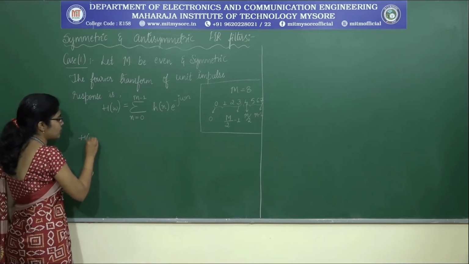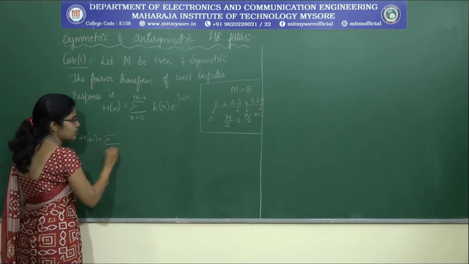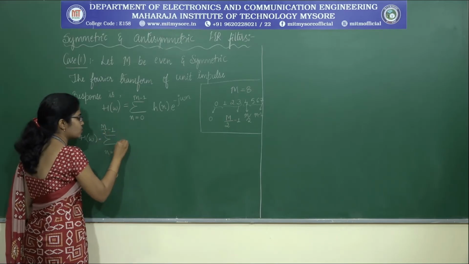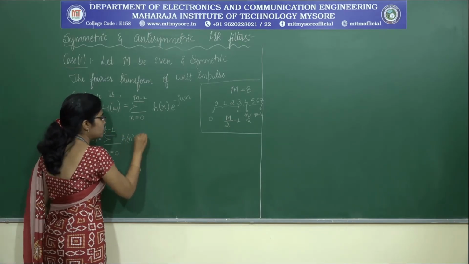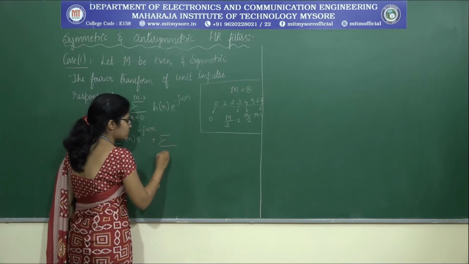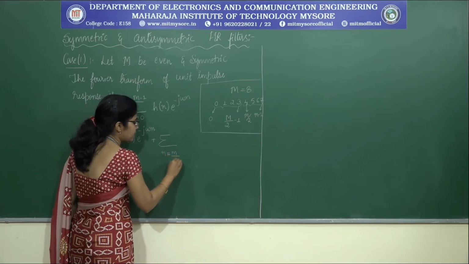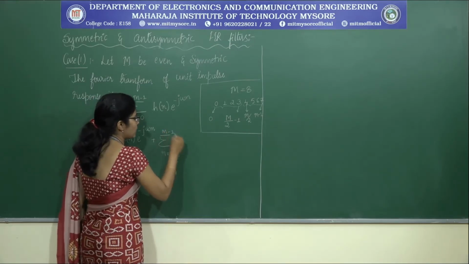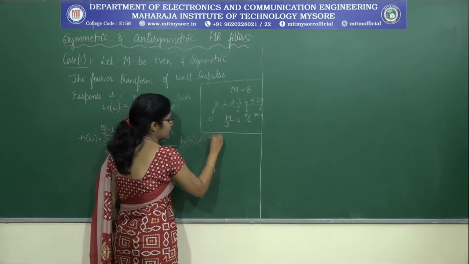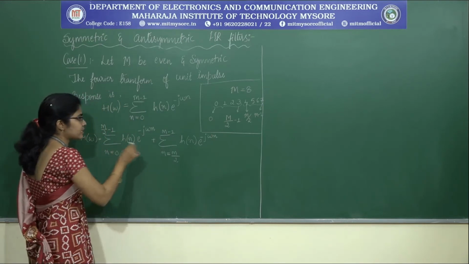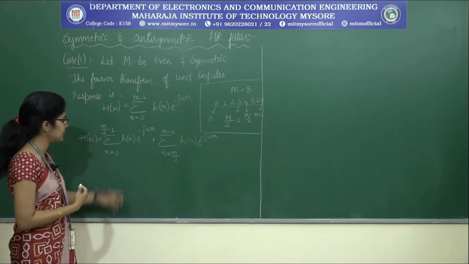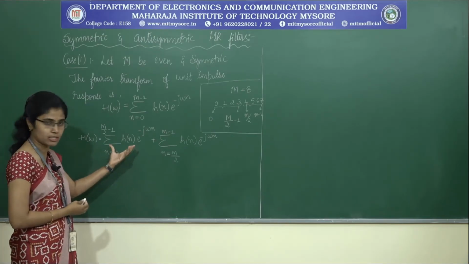Therefore, H of omega will be equal to summation n ranges from 0 to m by 2 minus 1 h of n into e power minus j omega n plus summation n ranges from m by 2 to m minus 1 h of n into e power minus j omega n. Now, let us consider the second summation and try to reduce it, and let us combine it later with the first term.